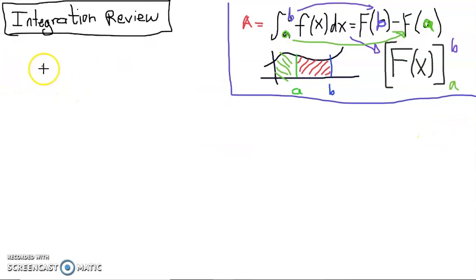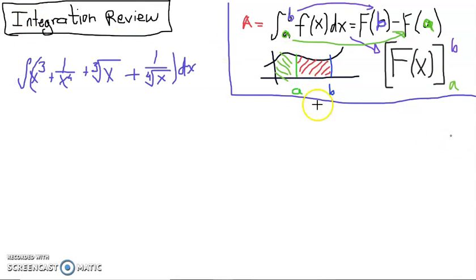All right, so let's do the integral. Let's do this one. Integral of x cubed plus 1 over x to the 4th plus cube root of x plus 1 over the 4th root of x dx. All right, so this is just, do you remember all of your powers and power rule tricks? Let's work on this. The x cubed is going to stay the same.